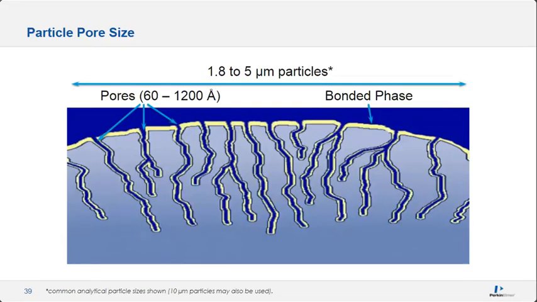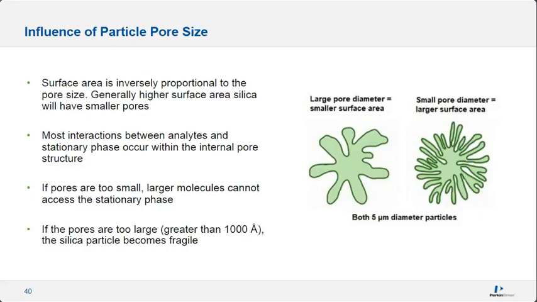What is the influence of pore size on the separation? Surface area is inversely proportional to the pore size. Generally, higher surface area silica have smaller pores. Most interactions between the analyte and the stationary phase occur within the internal pore structure of the particle.